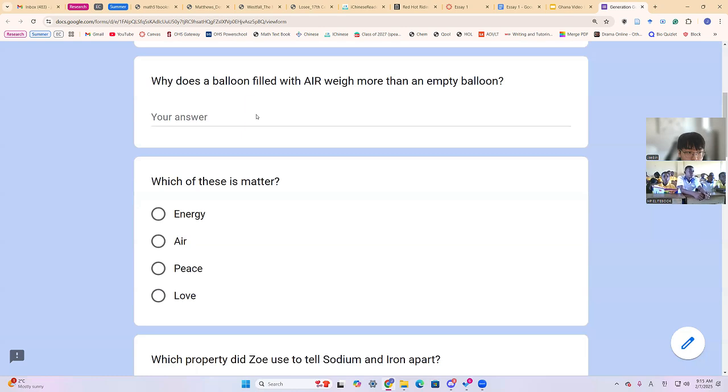So this first question: why does a balloon filled with air weigh more than an empty balloon? Can anyone use the terms that we learned today to answer?